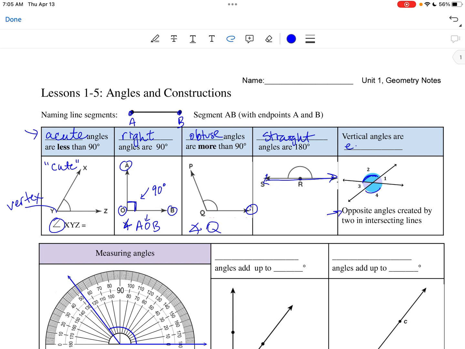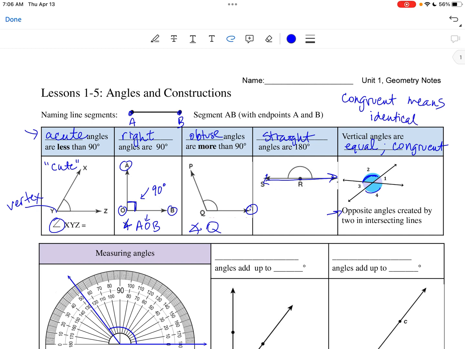are vertical angles, and vertical angles are equal. Another word we use for equal a lot in geometry is congruent. Same thing. And let's define congruent up here. Congruent means identical.